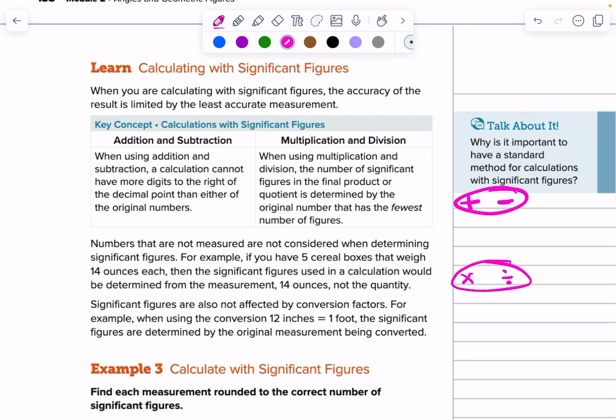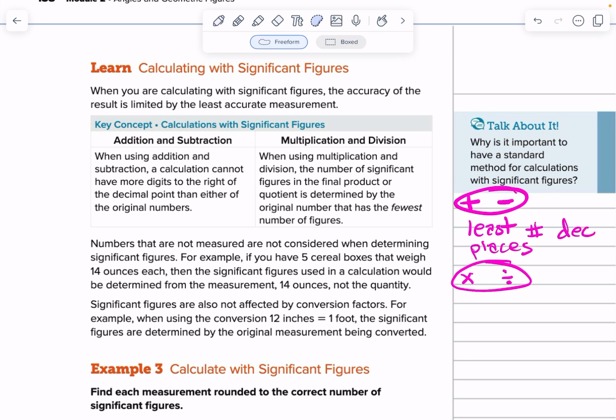Okay, when you're adding and subtracting, you take the least number of decimal places, right? When adding and subtracting in a calculation, you cannot have more digits to the right of the decimal. So you take the least number of decimal places.